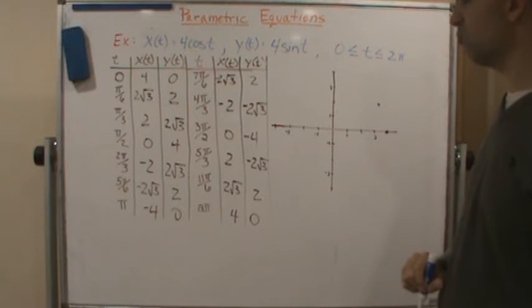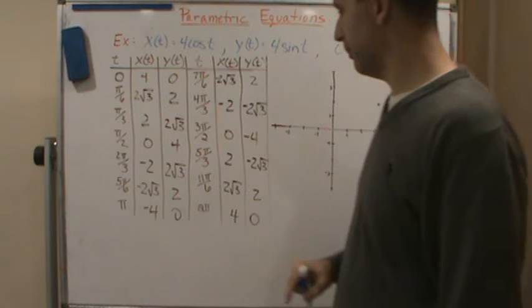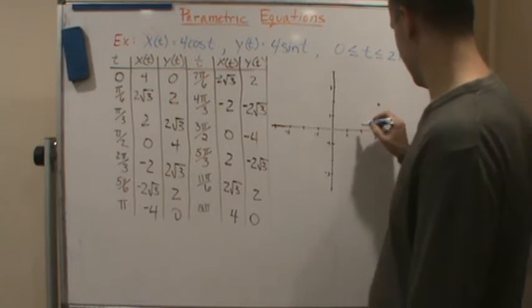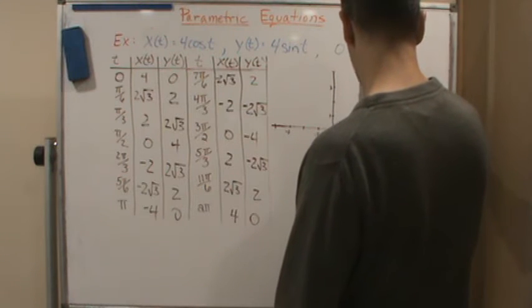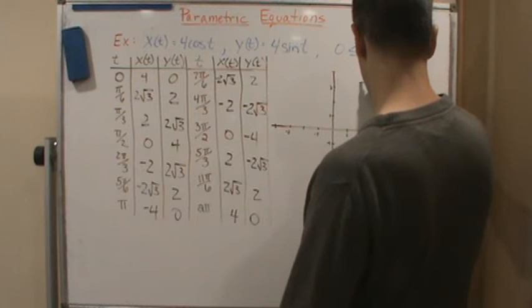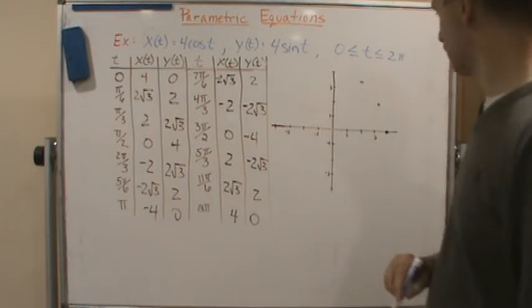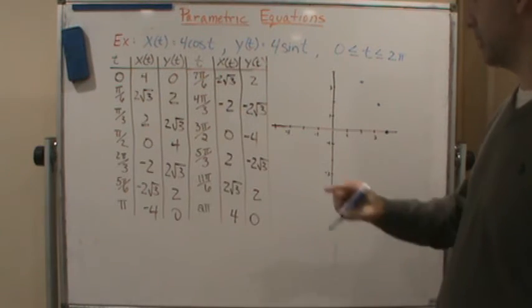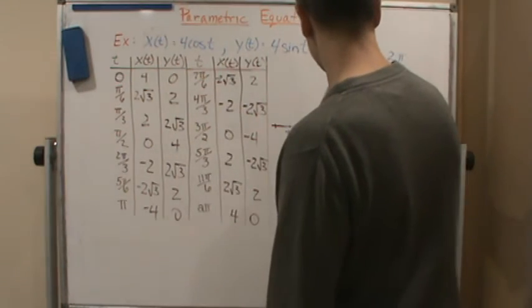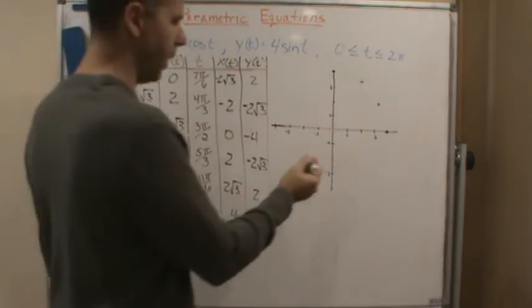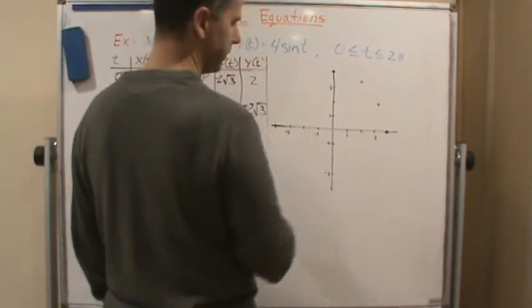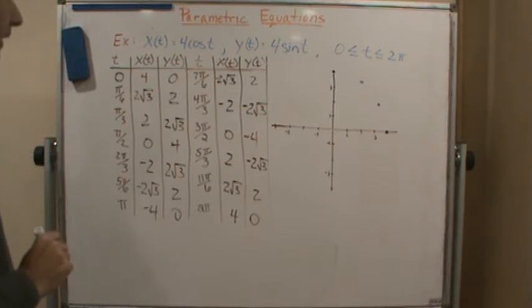And then we get 2, comma, about 3.5. So I say about right there. And then it's 0, 4. So right there, okay? So the first quadrant goes like this. Well, what happens in the second quadrant?